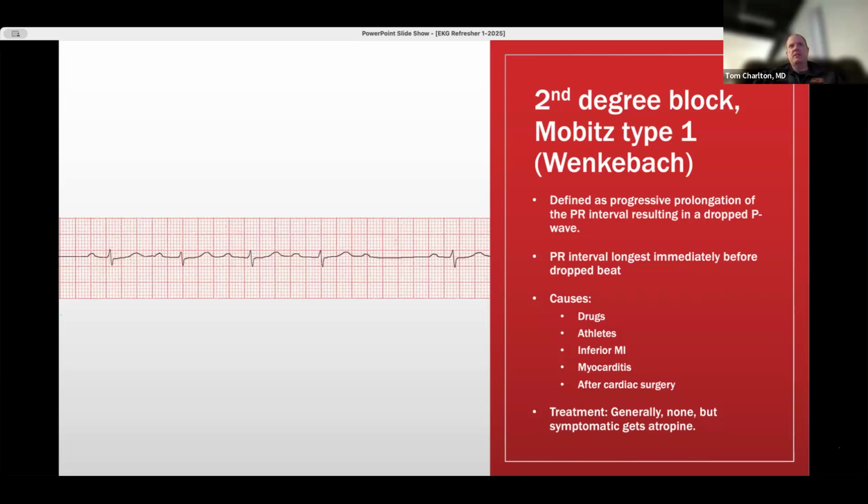However, if for some reason somebody gets really symptomatic, and let's say that this is a very bradycardic second degree block, then atropine usually will help with that. But again, generally does not require any kind of treatment. The way I remember this, I have to have these weird things to remember things by, is Wenckebach is walking backwards. Okay. Wenckebach, walk backwards. So that way I remember the name.